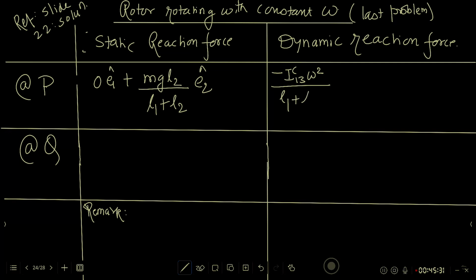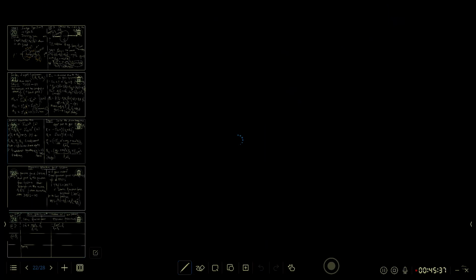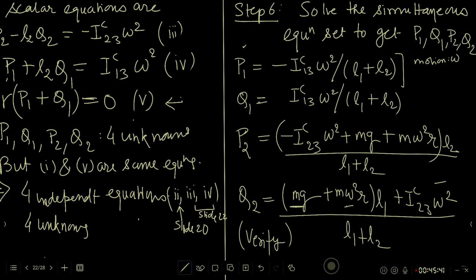Okay. If you go back and look at the solution, I'm talking about this part now. Along E1 I get this force. Along E2, dynamic will be comprised of this and this. There are two parts.